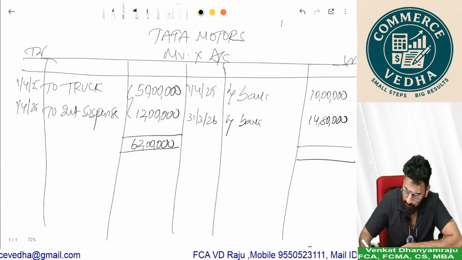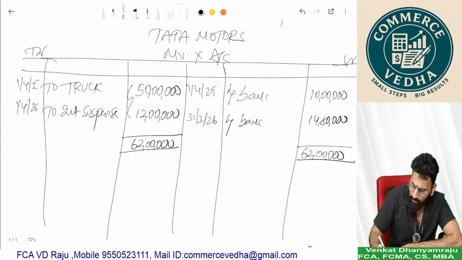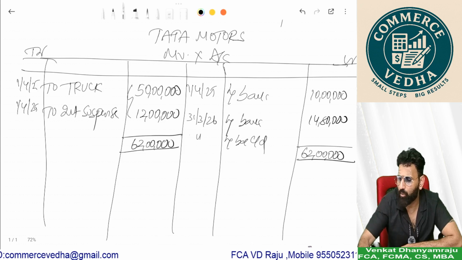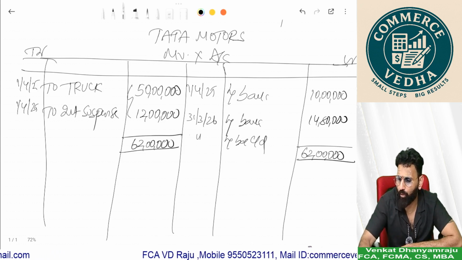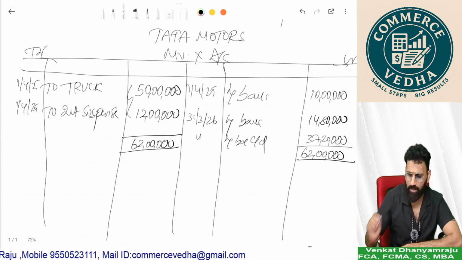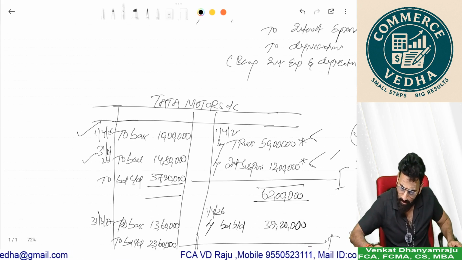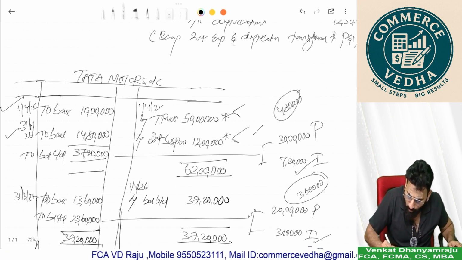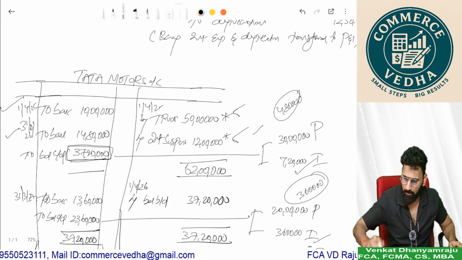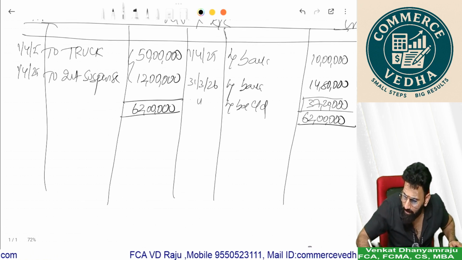So it is 62 and the balance by balance carried down. 62 lakhs minus 2480 is 37 lakhs 20,000. See, the first year it is 3720. Here it is credit balance payable. Here it is debit balance receivable.